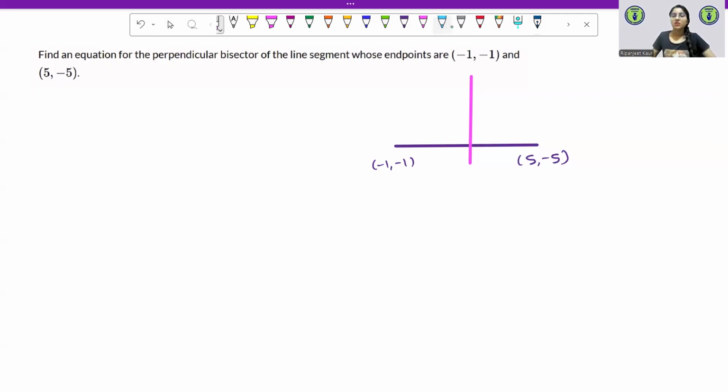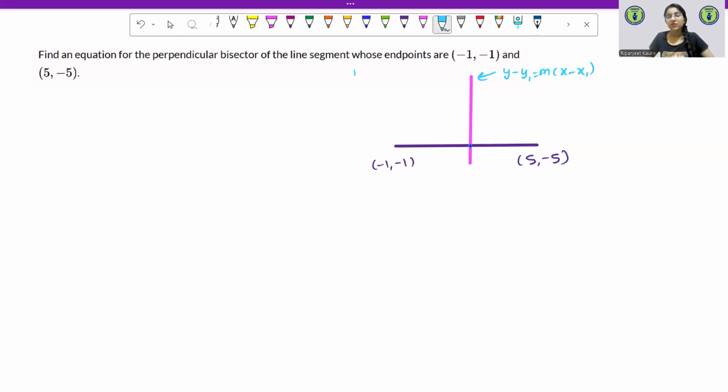Bisecting it, so this portion is equivalent to this portion. That means the point over here, which is going to be a common point for both of the lines, is going to be the midpoint. So for finding out the equation for this line, what is the formula? y minus y1 equals m times x minus x1.